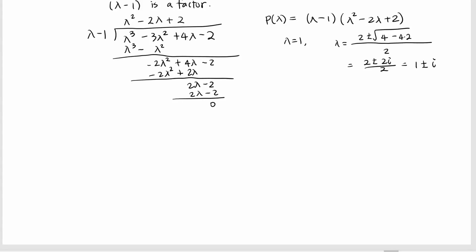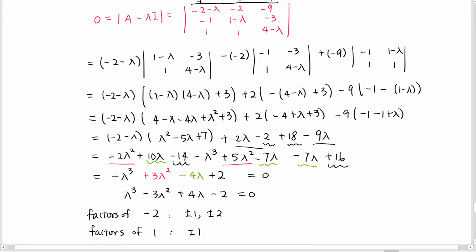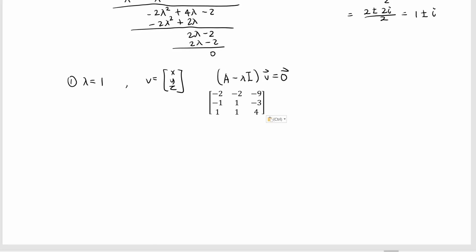Okay, so let's look at each root. First, when lambda equals 1, let v be (x, y, z). (A minus lambda I) times v is 0. Okay, what is A? Okay, that is A. I just copied the A here.